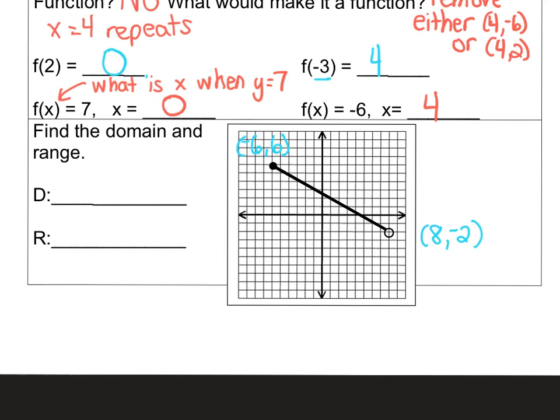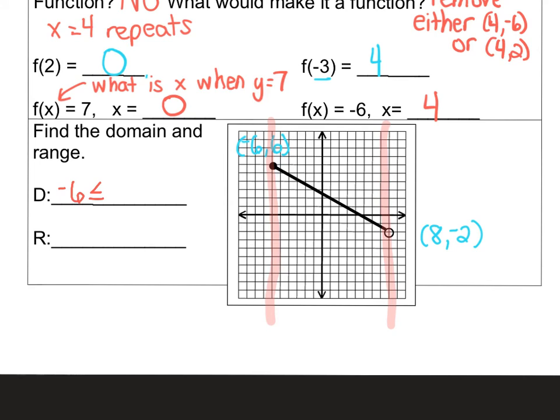So then I like to build my fences. I know that my x value has to be between these two numbers. And so I want to look, remember, if you write it from least to greatest. So my smallest x value is -6. So I'm going to go ahead and write -6. Then I need to look at the sign. It's a closed circle. That means -6 is included in that point. So I'm going to say less than or equal to, because it can't go to the left of -6.